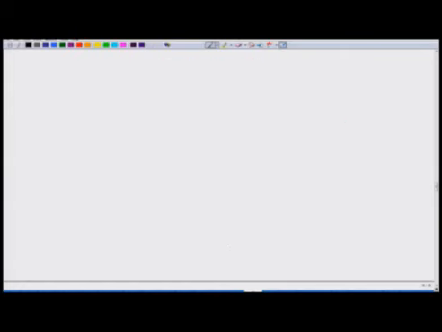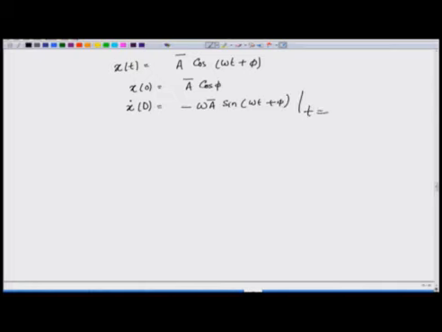Let me show that. So, if I take the solution x(t) equals a bar cosine(omega t plus phi), then x at 0 is nothing but a bar cosine phi, and x dot at 0 is nothing but minus omega a bar sine(omega t plus phi) at t equal to 0, which is minus omega a bar sine phi.